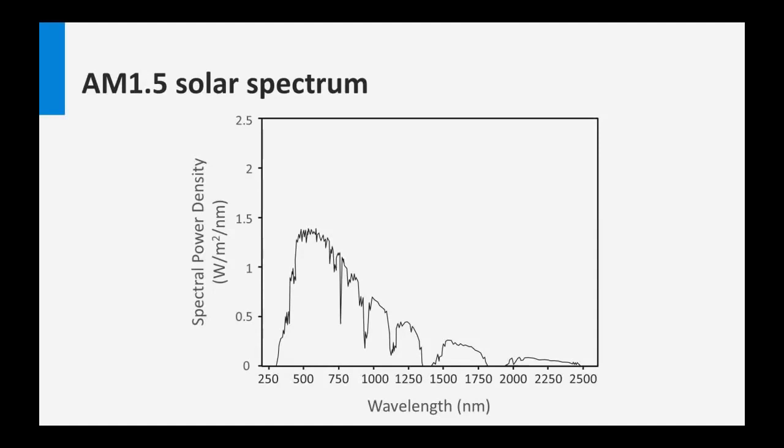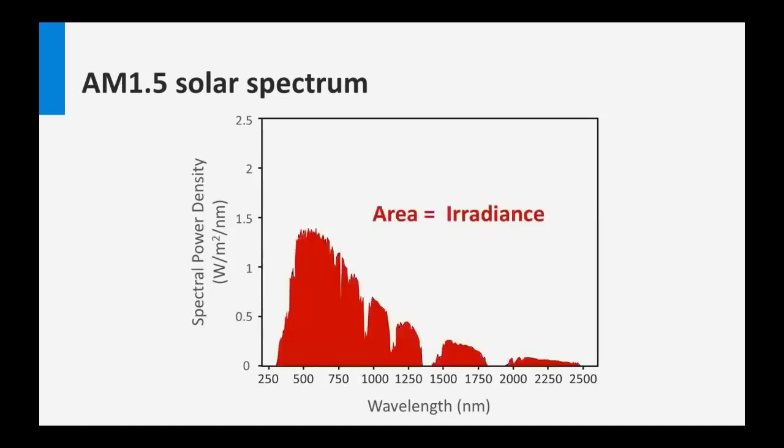Again, it's expressed in this slide in watt per square meter per nanometer. The black line over here shows the spectral power density. So it means that the irradiance is the surface underneath the spectral power density. If you integrate this, you get the irradiance.